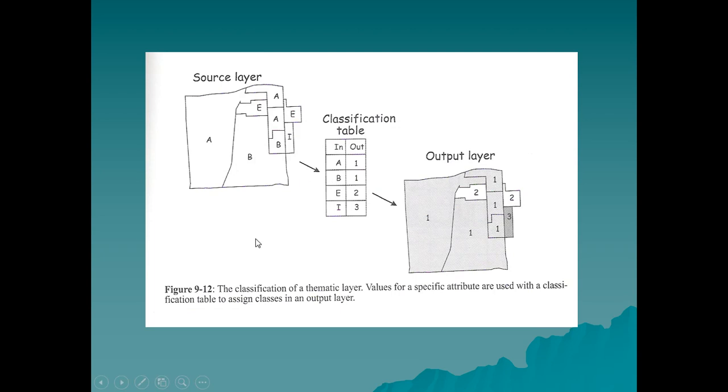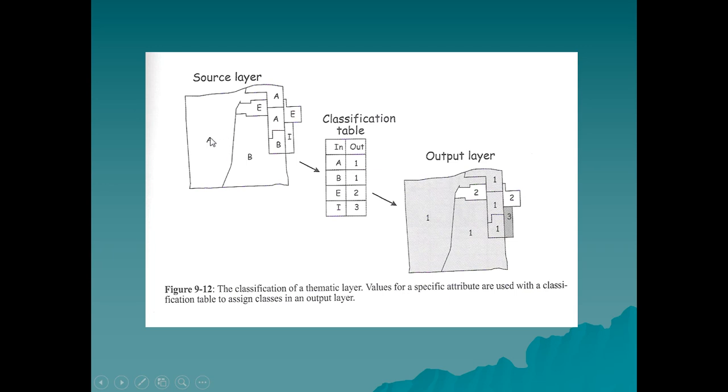Here's an example of that reclassification that I was talking about. You have your source layer, which is the original layer, and your output layer is the final output from your reclassification. So you would go into the attribute table and look at what we have here.